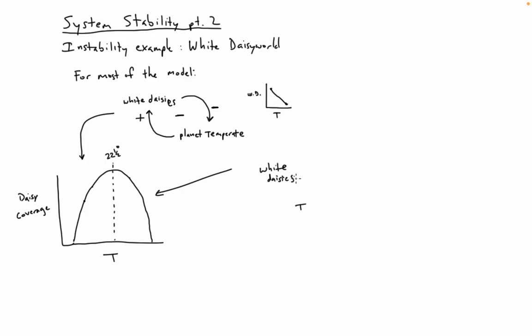However, how's this going to be different? What I said was when the temperature increases now, less daisies are going to want to be there. So more temperature, less daisies. So this has become negative. And it still is the case, though, that the more white daisies there are, the lower the temperature.